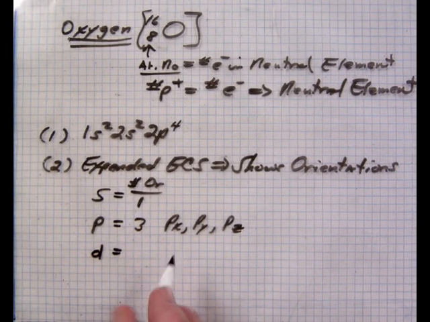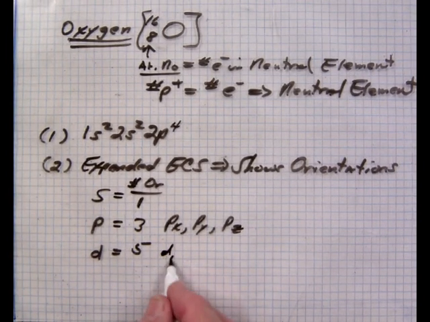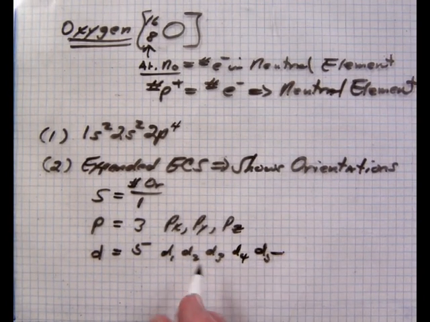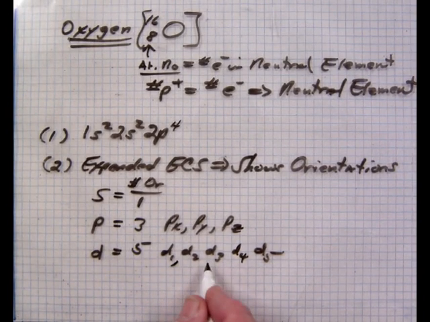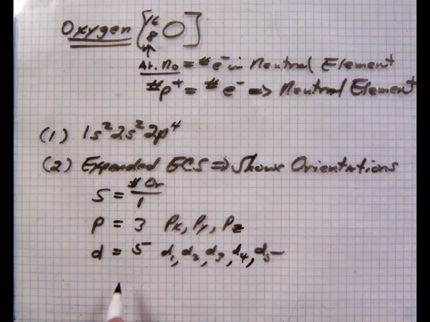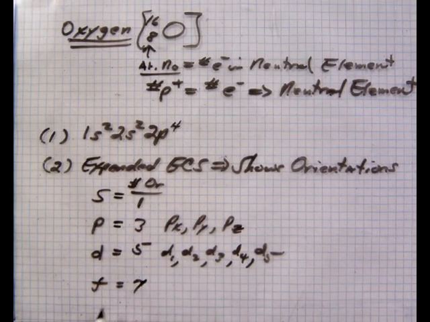D orbitals, we have 5: d1, d2, d3, d4, and d5. And the f orbitals, you have 7. 1, 3, 5, 7. And just for giggles, how many would you expect for g if you went through this process? 1, 3, 5, 7, 9, right.